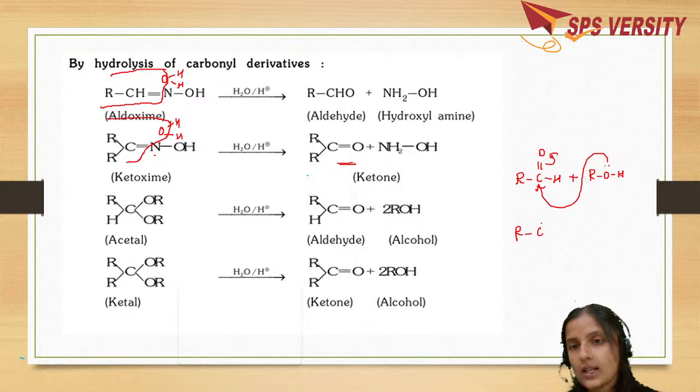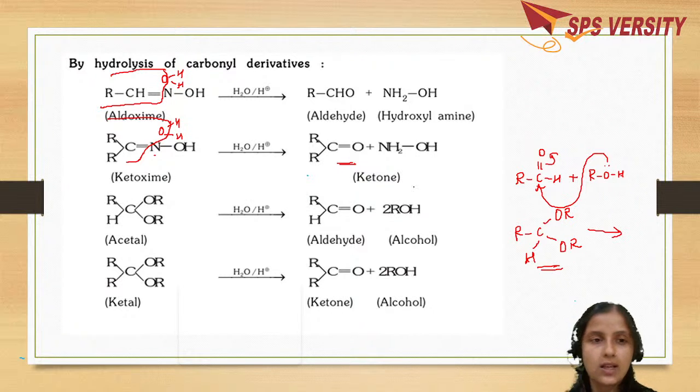As a result, you get RCH(OR), and you have to treat it with one more molecule, because of which you get OR and OR. I think it's clear to you. And this is called an acetal. If you hydrolyze it, what are you going to get? H2O, H plus.